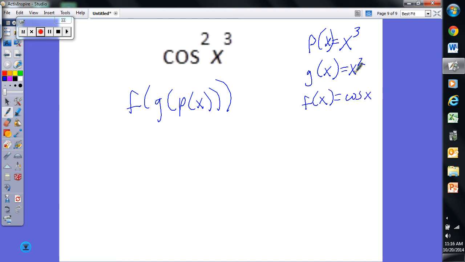So if you put that in there, you get cosine squared of x cubed.